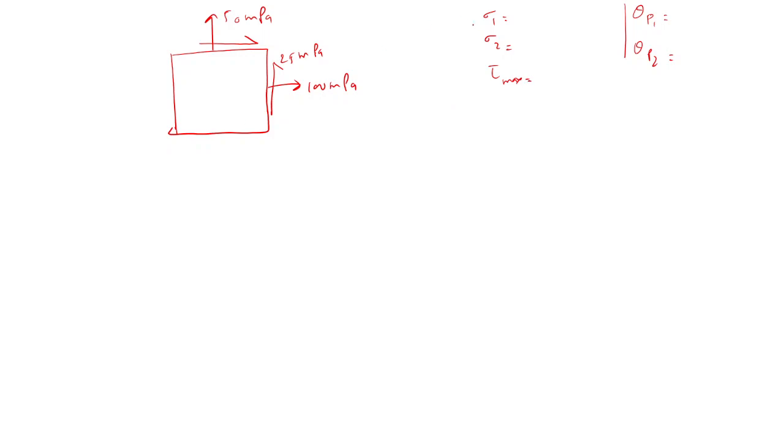For the previous case, if it is taken as a 2D element, then tau theta and sigma theta are in a line. No, what I'm saying is, for the previous case there is only the 2D element with only sigma.